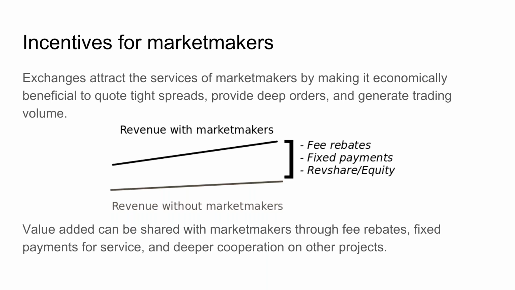So these are the standard ways that exchanges can incentivize market makers to be active and to not just provide the liquidity, but to actually generate the volume as well. In a nutshell, this is how market making works, and this is how exchanges try to get market makers on board.